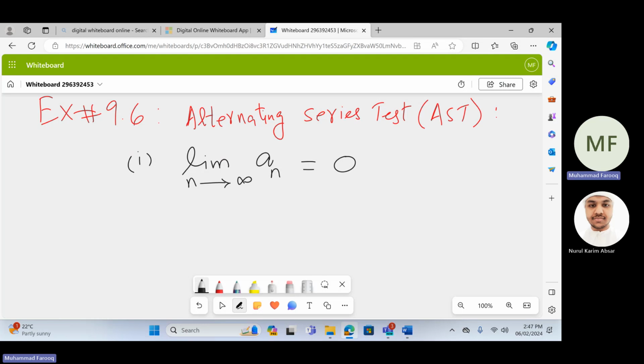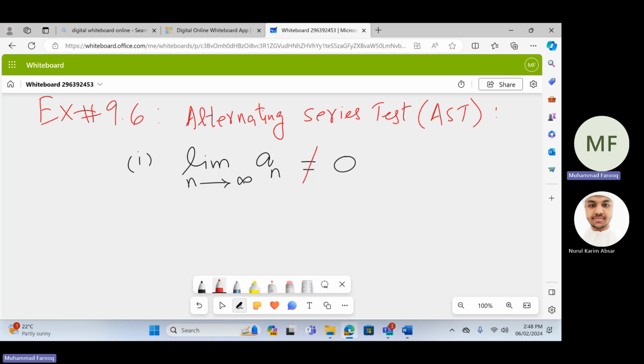If it is not 0, then no answer from this test. Actually, it's very interesting: if the first condition of the AST is not true, like here, not 0, the series immediately diverges.